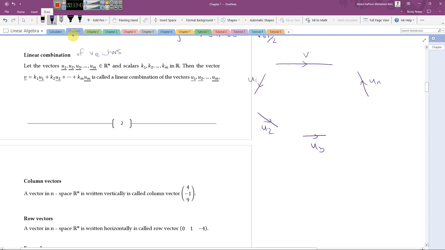Now what I have to do is write the vector v as the linear combination of u1, u2, u3 up to un, which means starting from the starting point of vector v till the terminal or ending point of v, I have to write the linear combination of the rest of the vectors.